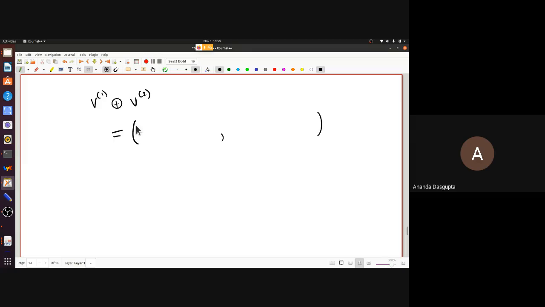Okay, let me just do this in steps. Any element of this, so any V which belongs to this, is of this form: a vector V1, which is from here, another vector V2, which is from here.